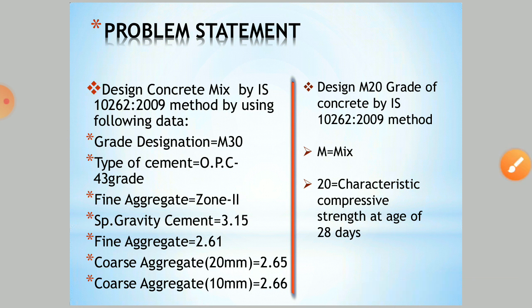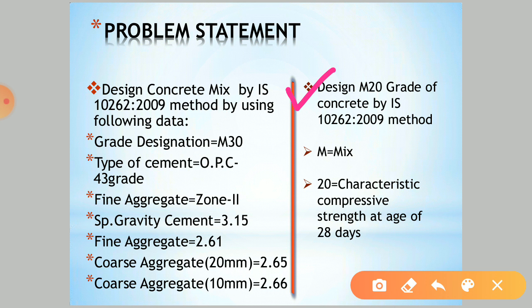Now in the second case, it is given that design M20 grade of concrete by IS code method. That much is given, no other thing. That is, what will be the specific gravity, what will be the grade of cement, you have to decide it.